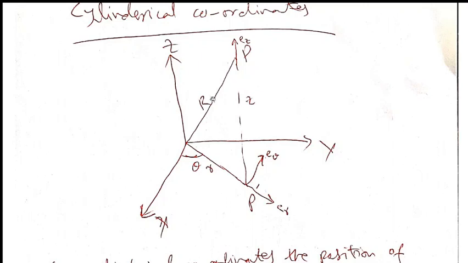Now what is this capital R? This capital R is denoting the position vector of this point P. Small r is the position vector of P dash, capital R is the position vector of P. What is P dash? P dash is basically the projection of this P on our xy plane.